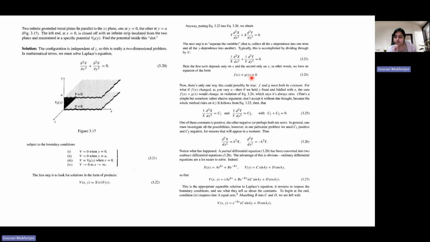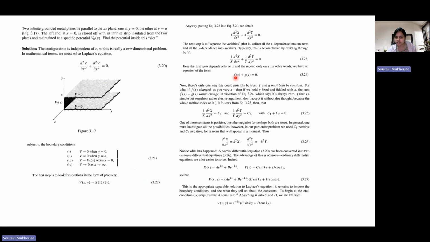Now for this condition to hold always, irrespective of the value of x or y, this is the condition of the Laplace equation, so it will always hold for whatever value of x and y. That tells us that these two functions have to be constants. Why?